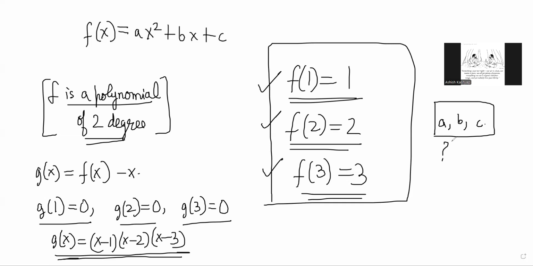You will not get any A, B, and C which will give you a degree 2 polynomial.